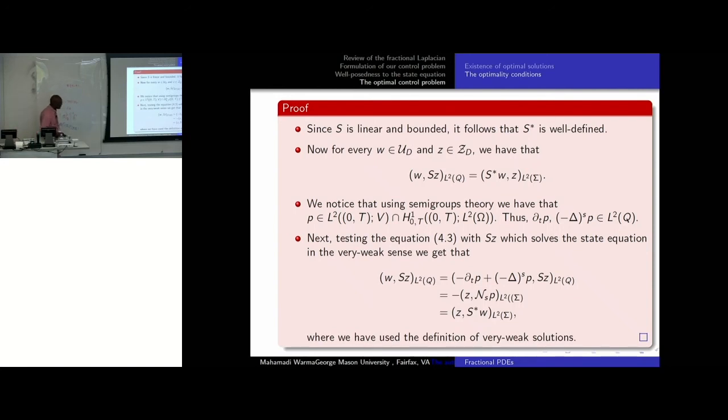Then this scalar product is exactly minus ∂ₜP plus the fractional Laplacian of P, times S of Z, which is in L2 of Q. The definition of very weak solution says that this is minus Z times the normal derivative in L2 of the complement. And that is the definition of S star of W. Then you get that S star of W is really given by minus the non-local normal derivative of the solution of the adjoint equation.